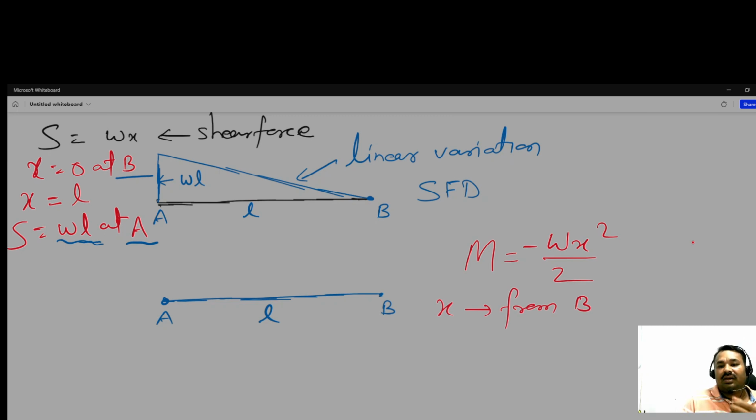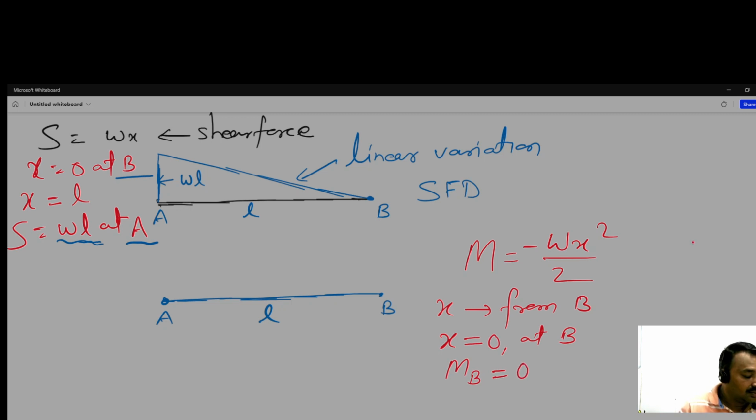Now we are applying the boundary conditions. If x is equal to 0, we are talking about B, then MB will be 0.